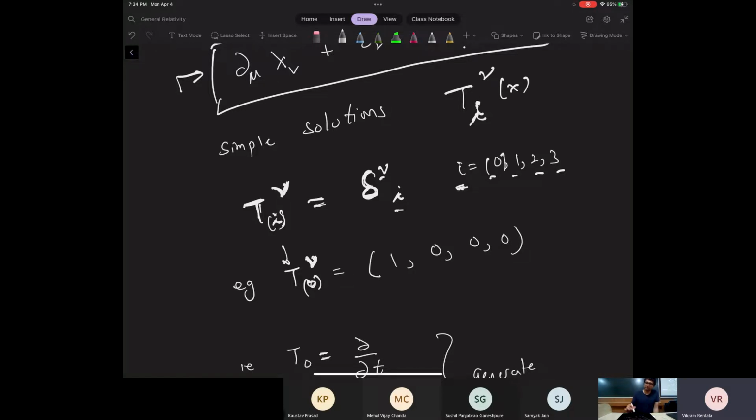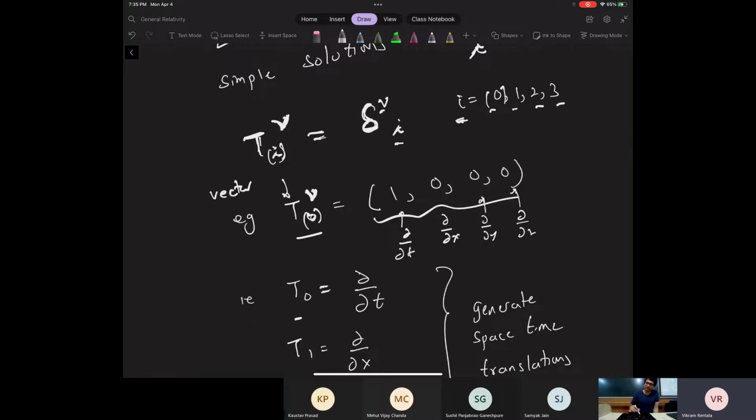This is a 4-vector at every point on the manifold, and it's a constant vector. It's 1, 0, 0, 0. So it's 1 along the partial t direction, 0 along partial x, 0 along partial y, and 0 along partial z. I'm just writing the coefficients of the vector.